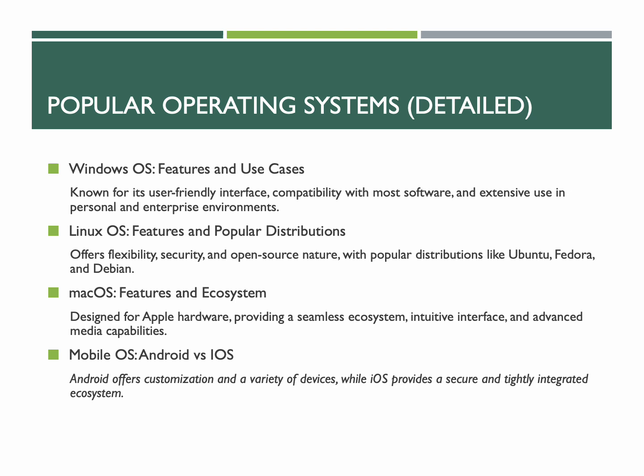So next we can say mobile OS, like Android versus iOS. Every mobile phone has an operating system like a computer. So nowadays we have Android or iOS. Android offers customization, and a wide variety of devices are compatible, like Samsung, Google Pixel, and OnePlus devices.